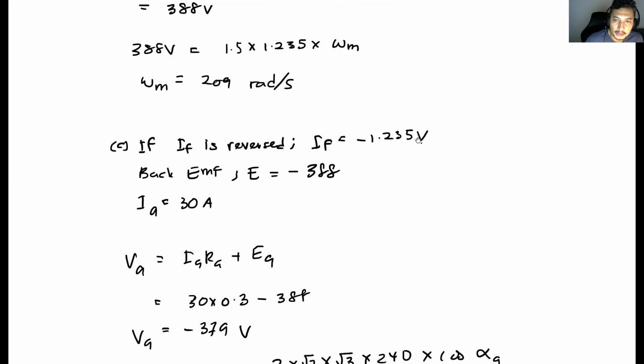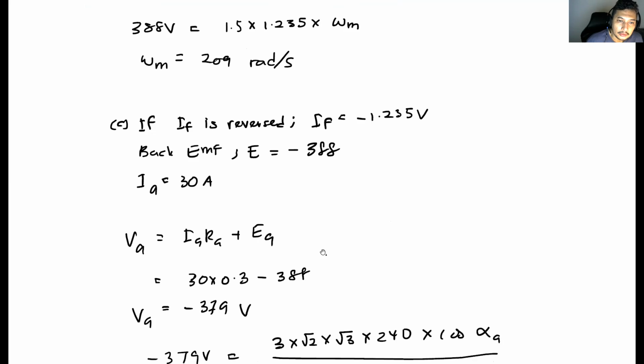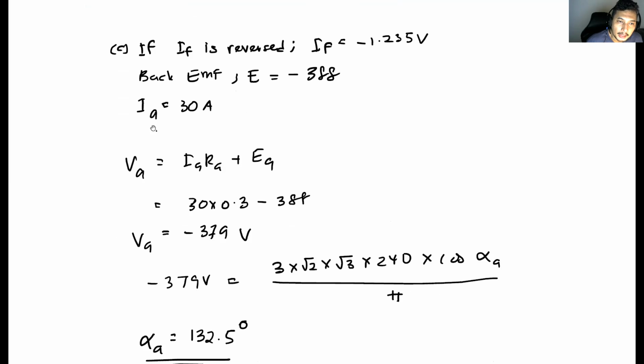If it's reversed, automatically the back EMF will have the same value but with a negative sign, minus 388 volts, and the armature current is the same. So you use the KVL of the armature circuit like this: IA, using the same 30 ampere, multiplied with RA, minus the EA.